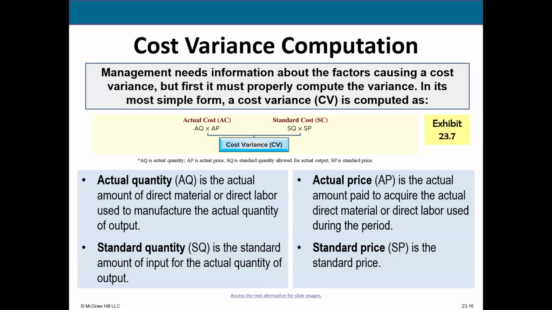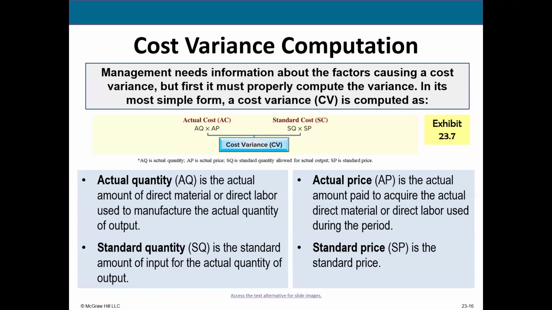Then we need to compute our standard cost. And the standard cost is very self-explanatory as well. We take the standard quantity, the amount of materials or labor that we typically use, that we budgeted for, and we multiply that by the standard price or the standard rate that we would normally pay.